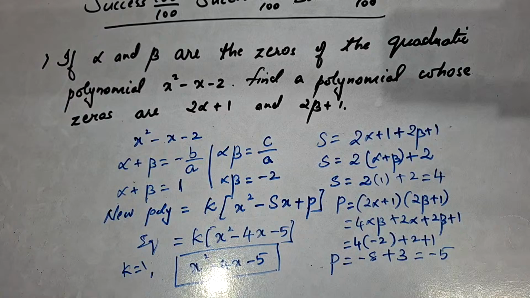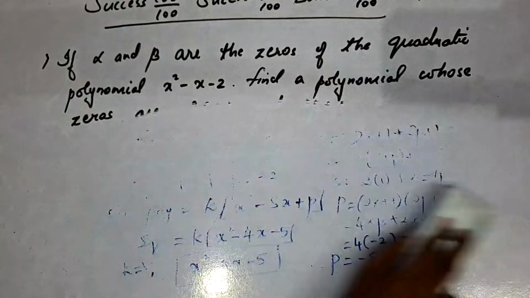So a very important sum for class 10th and a very easy sum for your board exams. It is from the second chapter, polynomials. Another very important question. We'll move on to the next question.